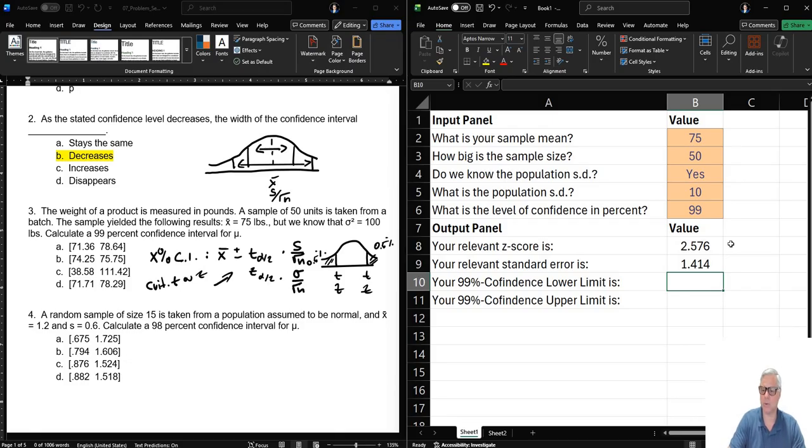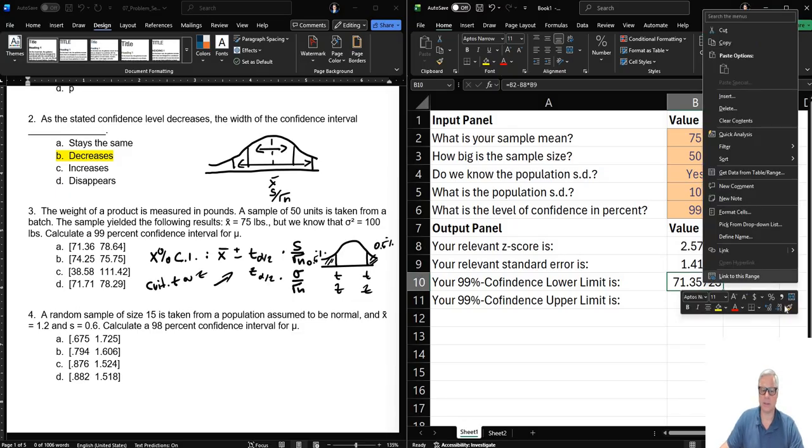And now we can do the lower and upper limit, which is equal to the sample mean. So the lower limit is then minus the 2.576 times the standard error. Okay, and then we limit it again to maybe 3 decimal points.